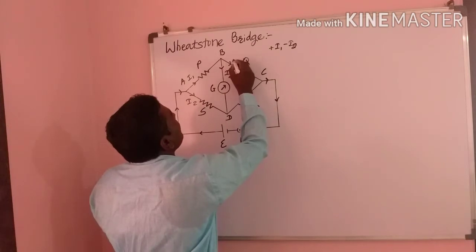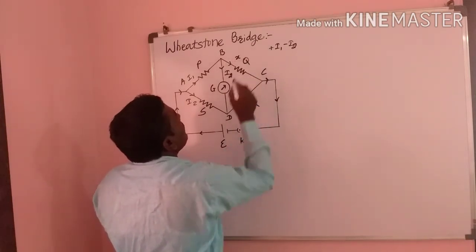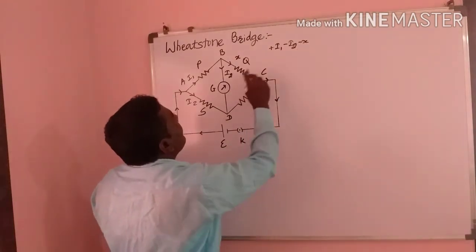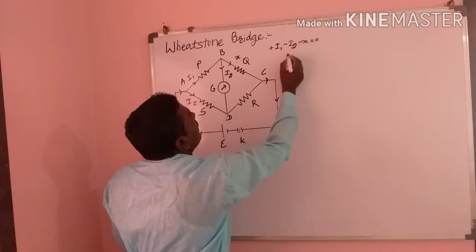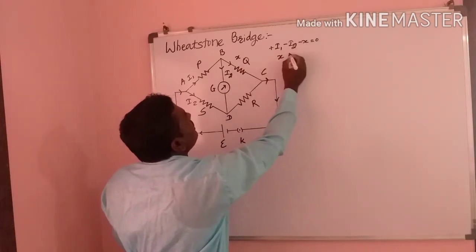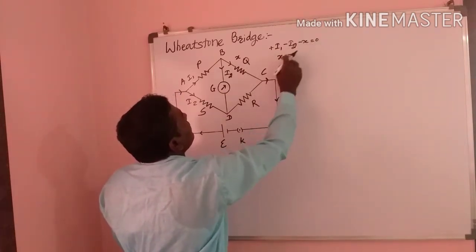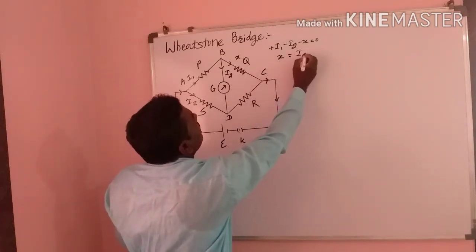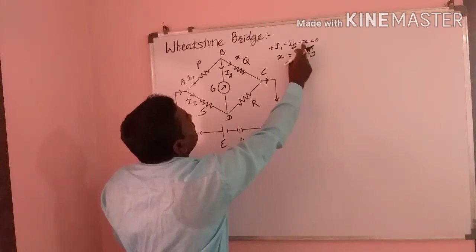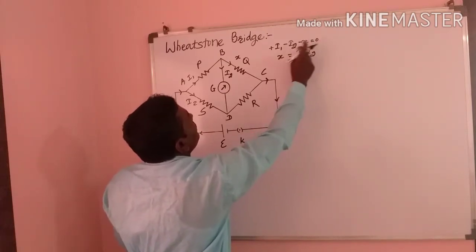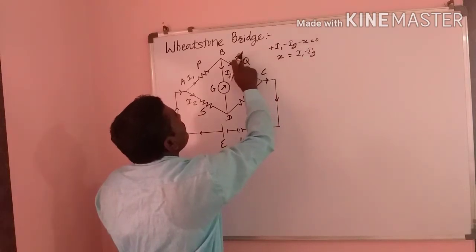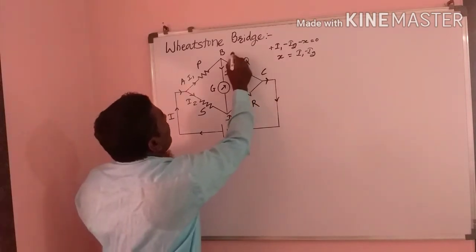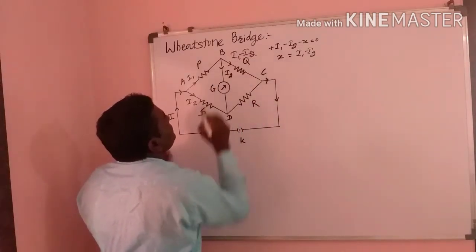Suppose the current flowing through Q is X, it is also away from the junction, so we write minus X equal to 0. So X is equal to I1 minus Ig. The current flowing through the resistance Q is equal to I1 minus Ig.